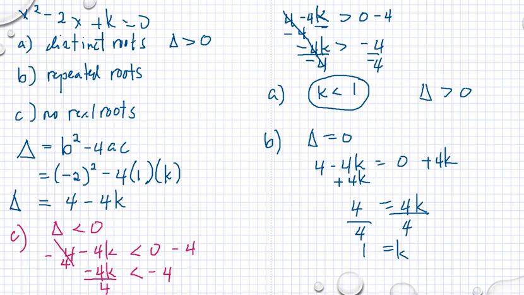If we divide both sides by negative 4, then we have k is greater than 1. So we have three answers there for A, B, and C.